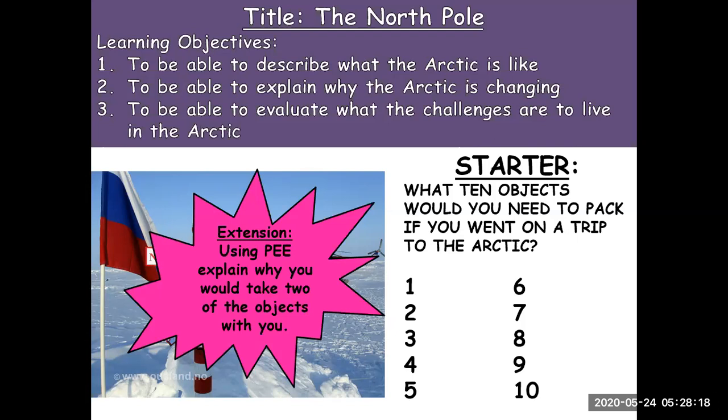Out of these 10 objects that you've written down, pick the most valuable 2 that you would definitely take with you. If you're asked to drop all the rest and just pick 2, which 2 would remain? And you have to explain why you will take them.